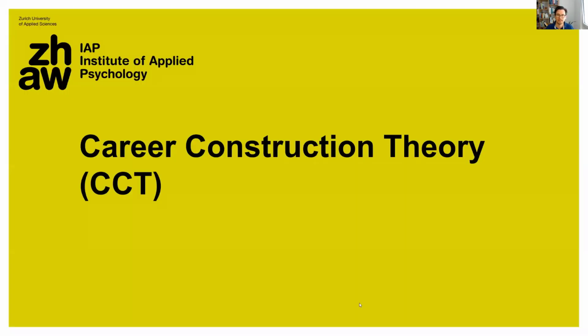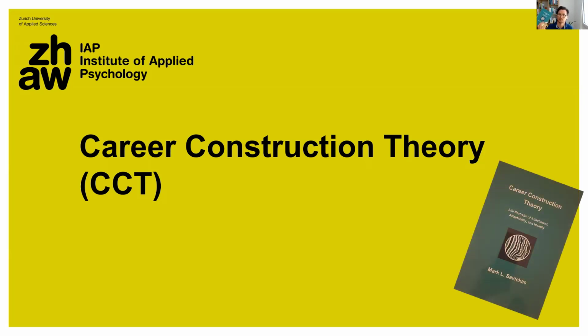I now come back to the presentation, and I come to the career construction theory, the CCT. Once again, you find everything you need here in the 2019 book by Mark Savickas.